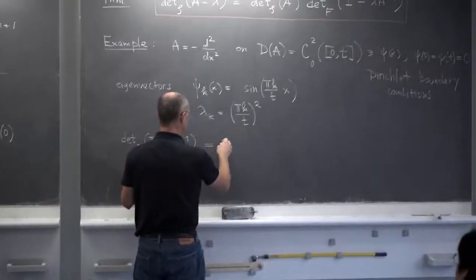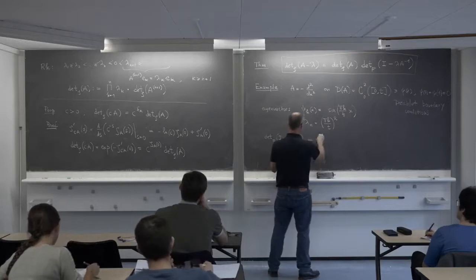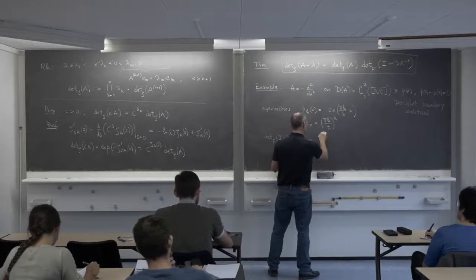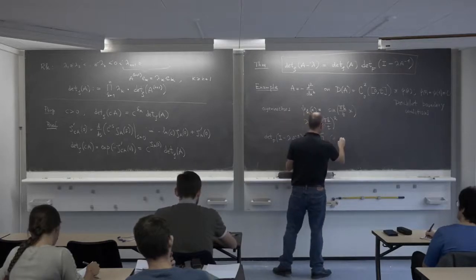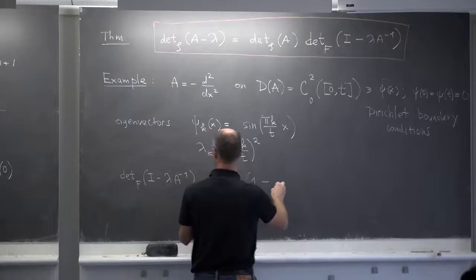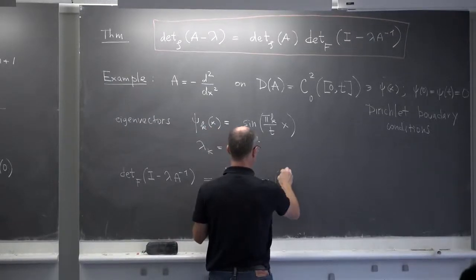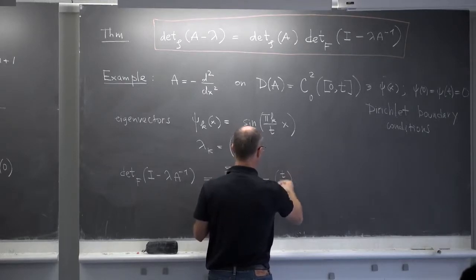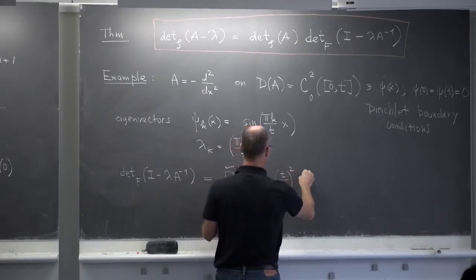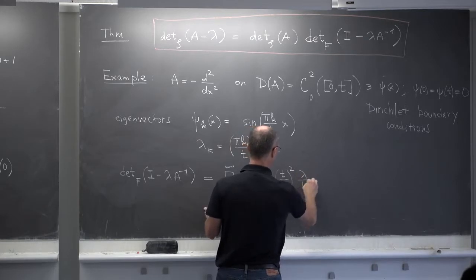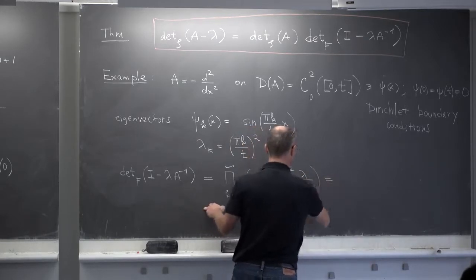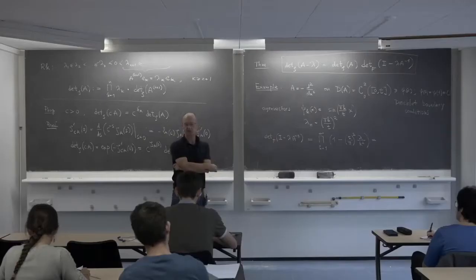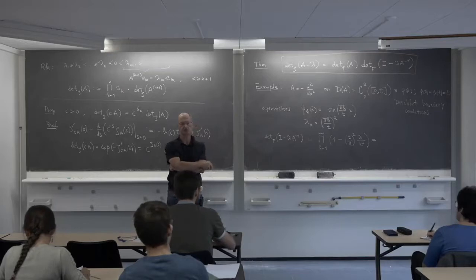All right, so what is this determinant? That's an infinite product, and here we should put 1 minus lambda t squared over pi squared k squared. Do you know the value of this infinite product?